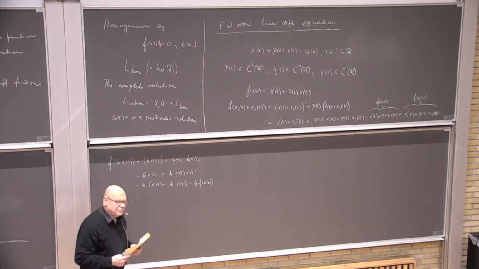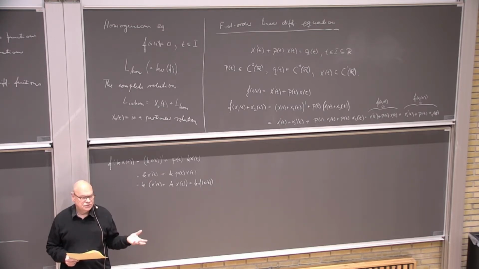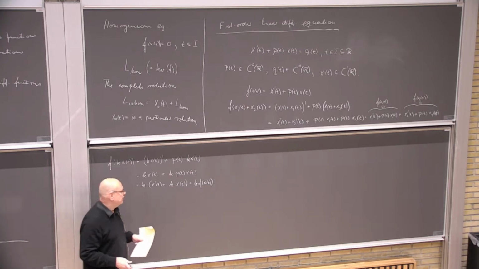So what I'm going to do now is to solve the homogeneous equation, because I need this solution. In order to build the full solution, I need a particular solution, and then I need a solution to the homogeneous equation.